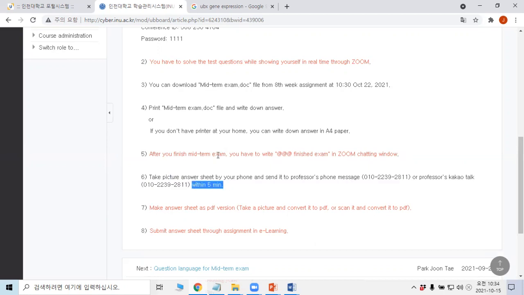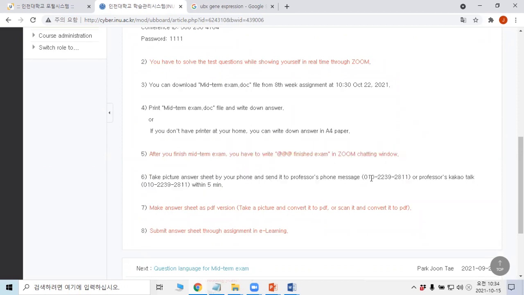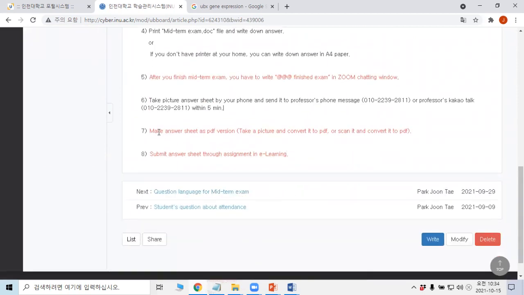I will check the time difference between the two. Finally, you have to make the answer sheet as a PDF and submit it through assignment in e-learning.